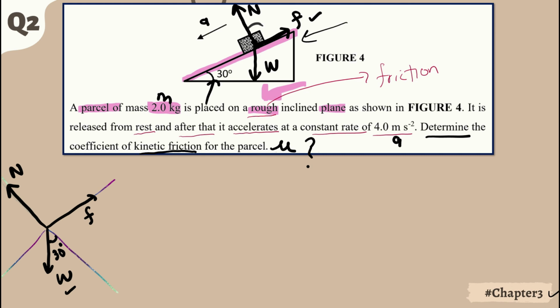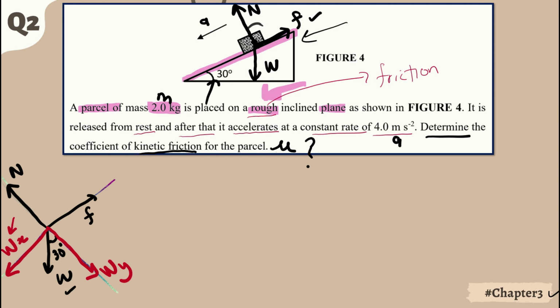When we resolve, we have here Ws and here Wy. So it is actually the parcel moving because of this component Ws. It is moving down the plane because of the component Ws.